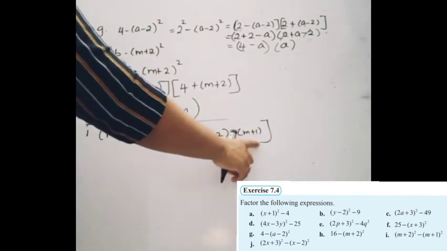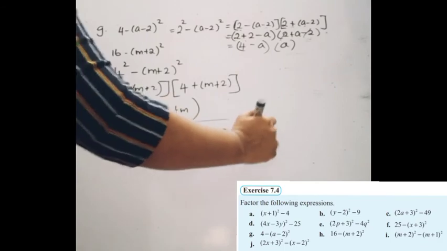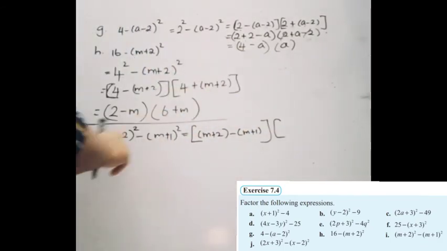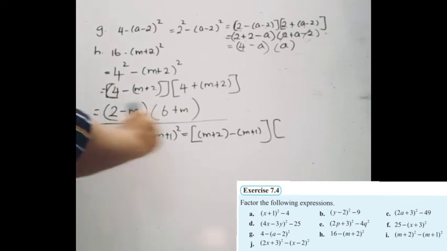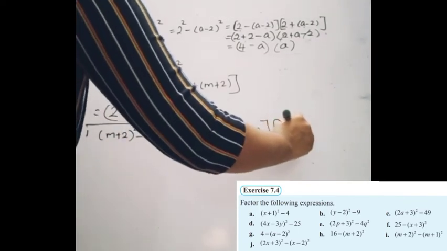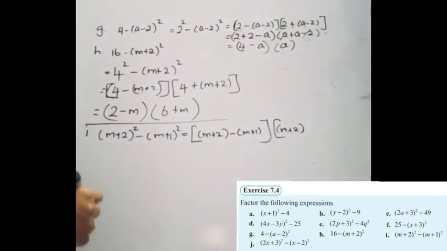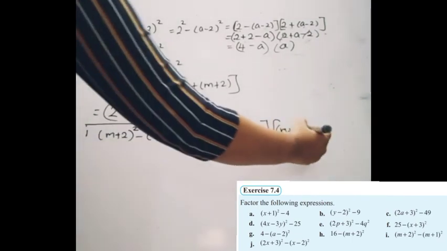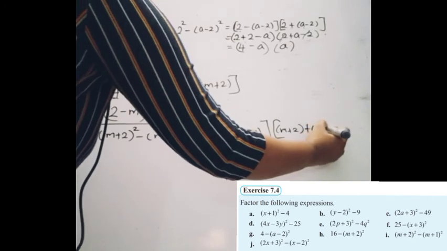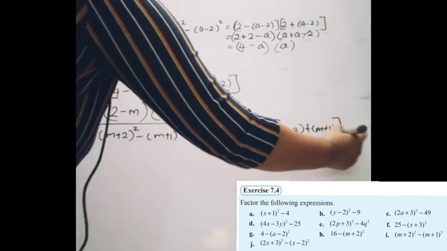Here x minus y and then x plus y, right? Here instead of x, what do we have here? We have an expression m plus 2. So m plus 2 coming instead of x, then x plus y instead of y, we do have another expression which is m plus 1.